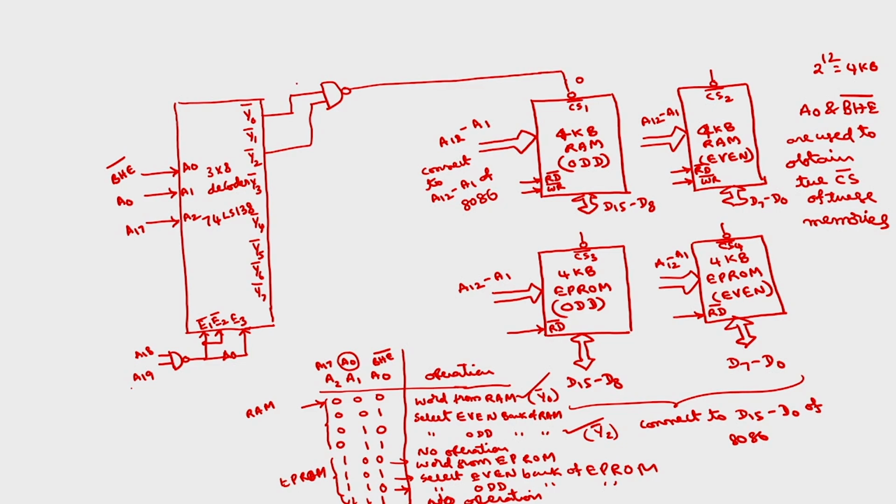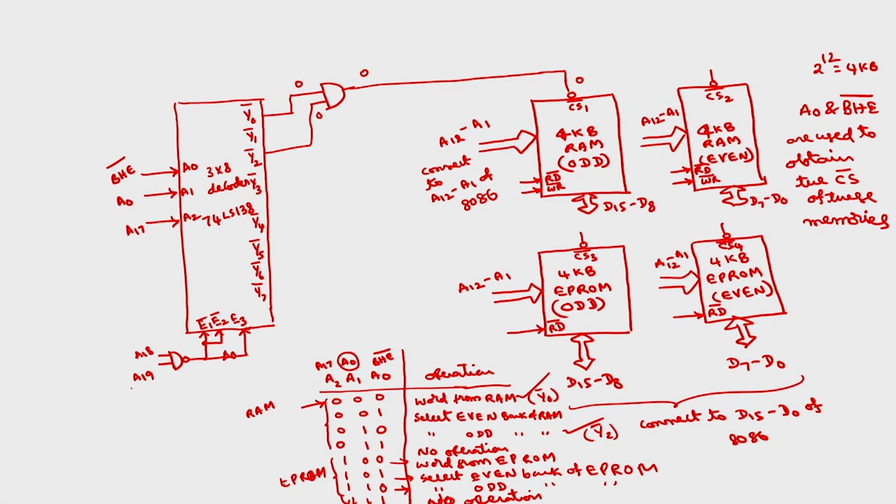So if either this is 0, what will be the output? Sorry, this is not a NAND gate, this should be an AND gate. So if Y0 bar is 0, output is 0. If only Y1 bar is 0, output is 0. If both are 0 also, output is 0.